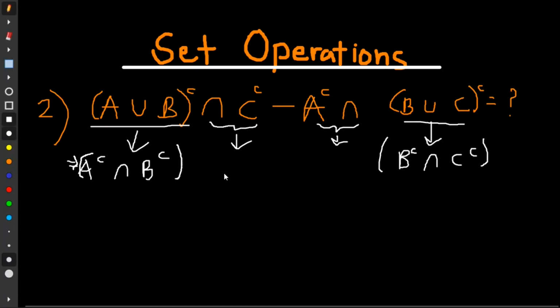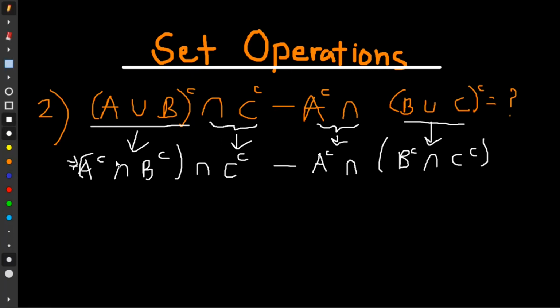So that will be this one minus A complement. At this part, maybe you are already noticing that these two expressions are similar. Note that intersection and union of sets are operations that are commutative and associative.